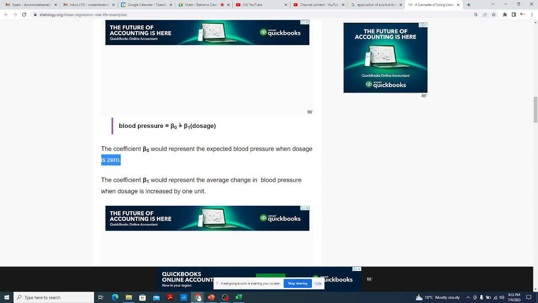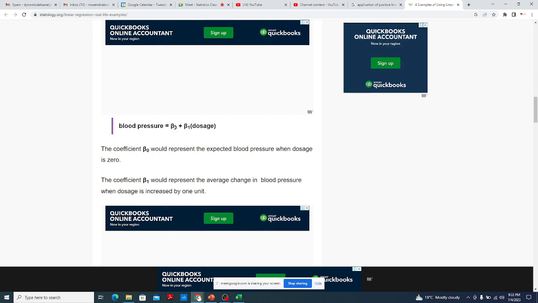Before you administer the dosage to that patient, you have to get the initial reading of the blood pressure.